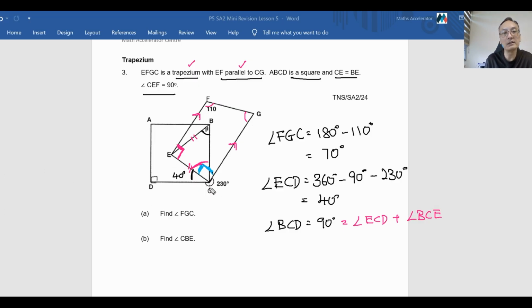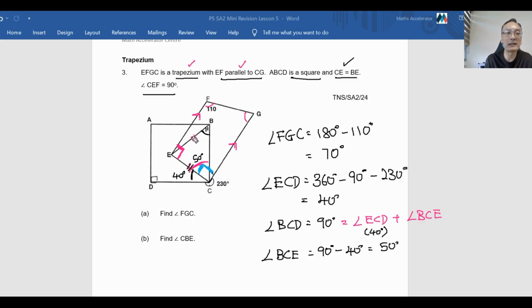We already know that ECD is equal to 40. So if this is 40 degree, then we can find angle BCE. Angle BCE will be 90 minus 40 degree, and we get 50. So this angle is 50 degree. Now, based on this information, CE equals BE, we mentioned earlier that we have an isosceles triangle, right?